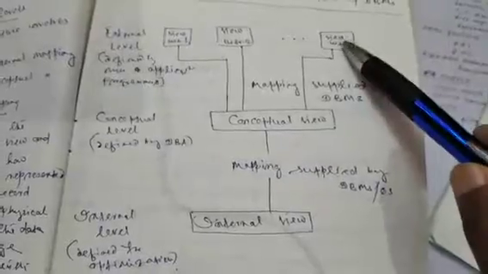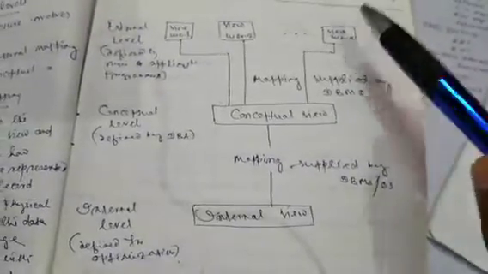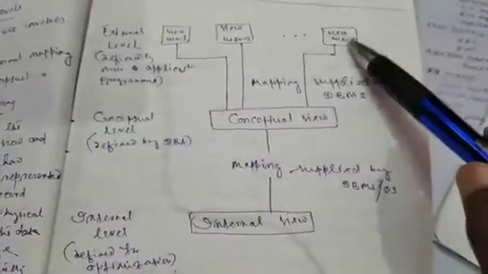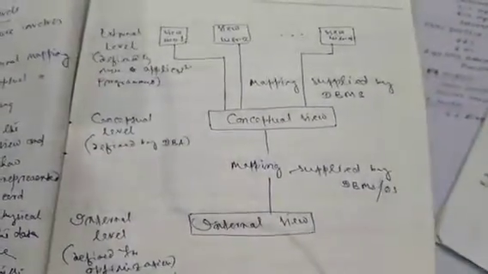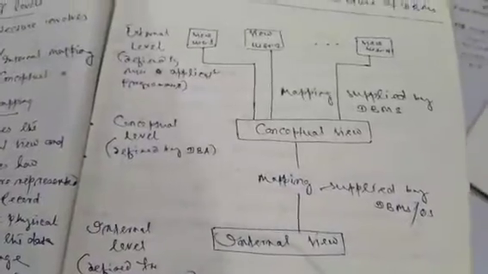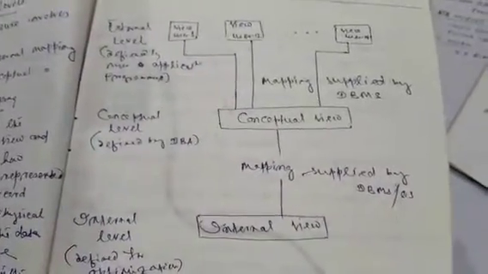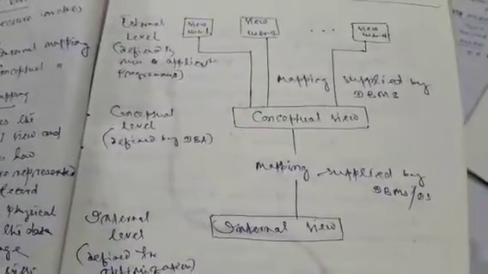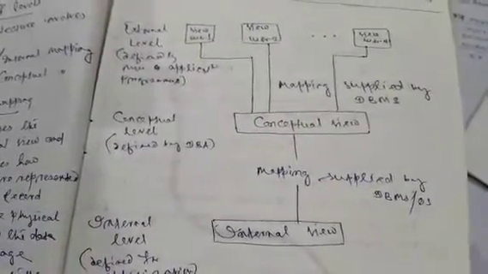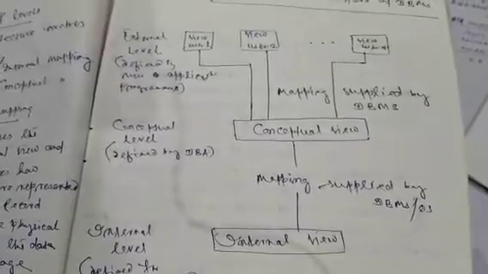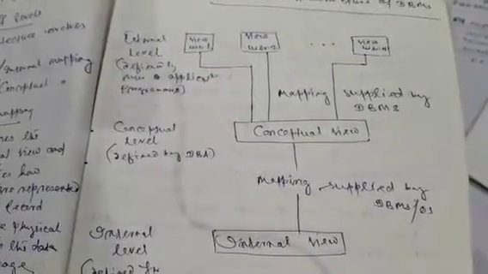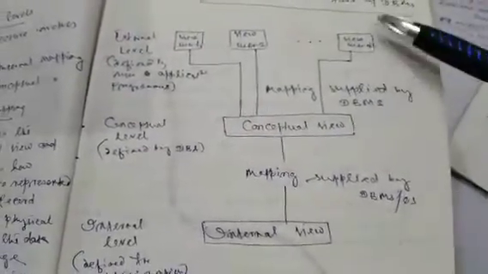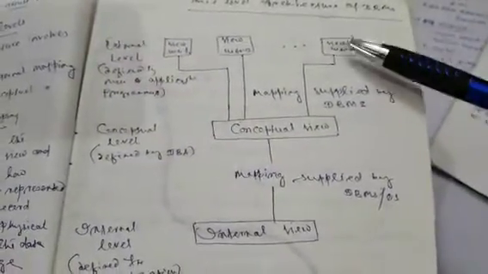Whatever data the user wants to access from the database, first it has to be given at this level. The external schema contains the method of deriving the objects in the external view. This external schema is also known as view schema or subschema. So the user first interacts with this level.